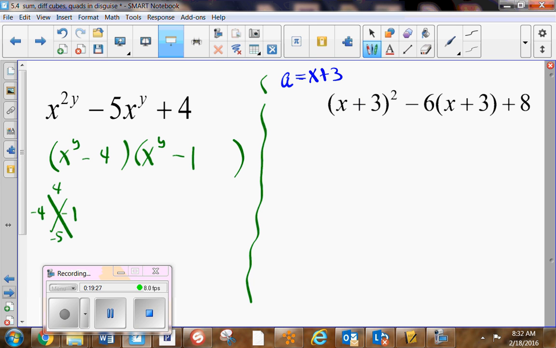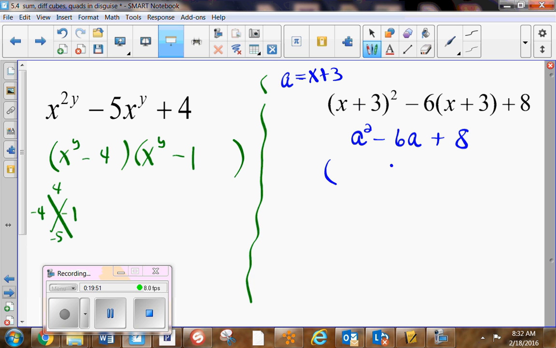So I won't get my x's mixed up. Well, if that were true, then this whole x plus 3, I'm going to put an a in its place. This whole x plus 3, I'm going to put an a in its place. Oh, that feels much better. I can handle that. So, mini mark or big mark?